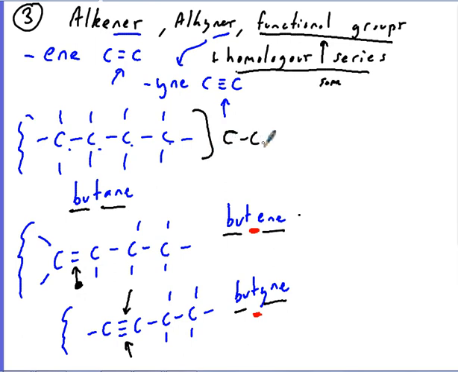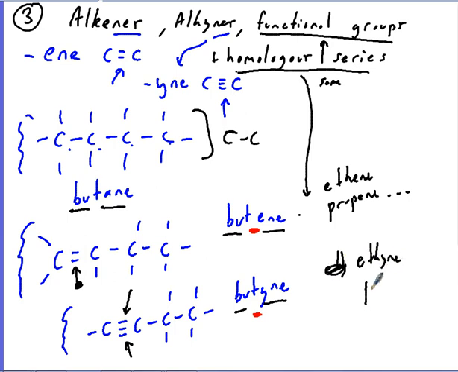That means other compounds in butane's homologous series will be methane, ethane, propane, pentane, etc. Other compounds in butene's homologous series would be ethene, propene, etc. And down here, other compounds in butyne's homologous series would be ethyne, propyne, etc. So a functional group is just that special part of the molecule which is different to the alkane, which controls the properties of that particular series of compounds, and all hydrocarbons that have the same functional group are called a homologous series.